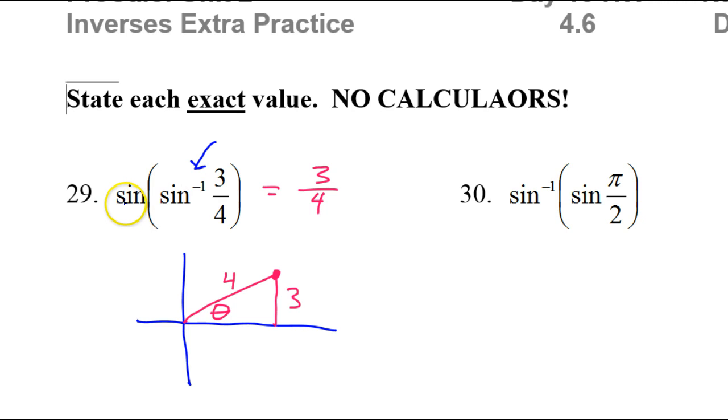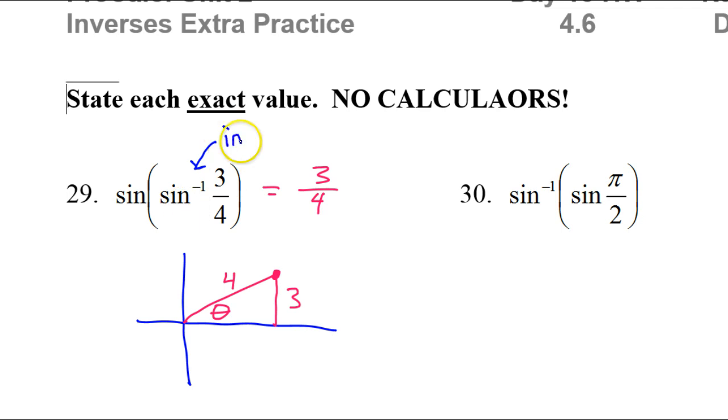So the one on the outside doesn't have any restrictions, so you're fine. It's already taken care of by the inverse trig function already being restricted to just the two quadrants on the right. So the bottom line is you can go ahead and let these cancel each other out anytime you see that the inverse trig function is on the inside.